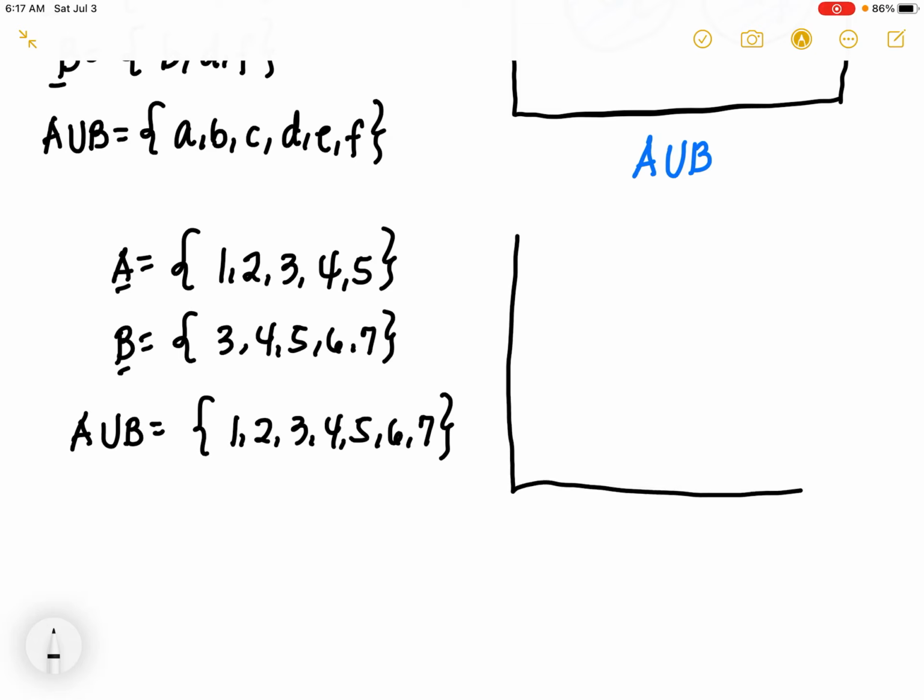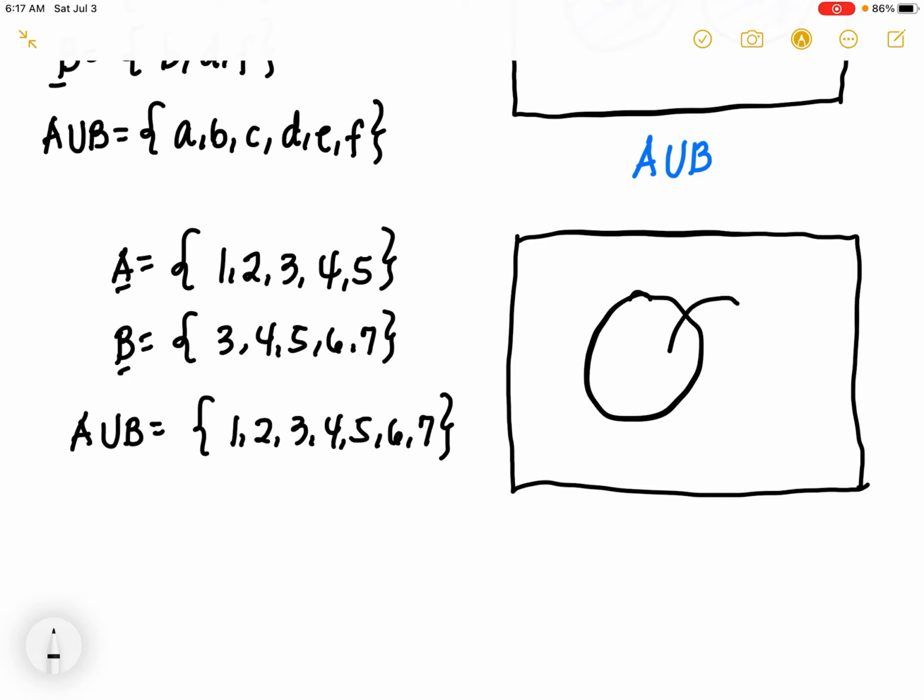First, again, we'll draw the universal set. Then, look at the given elements of a set. We have 1, 2, 3, 4, 5, and 3, 4, 5, 6, 7 for set B. Then, since they have common elements, we will draw intersecting sets. We have 1, 2, then 3, 4, 5, 6, and 7.